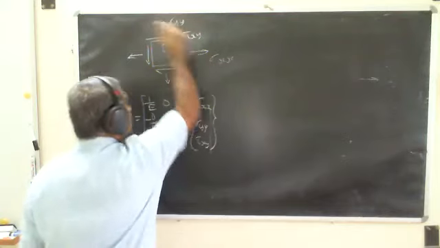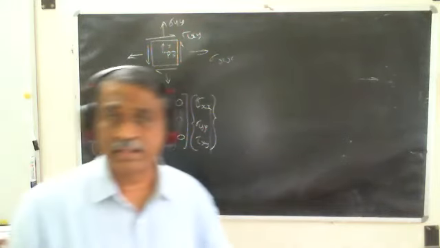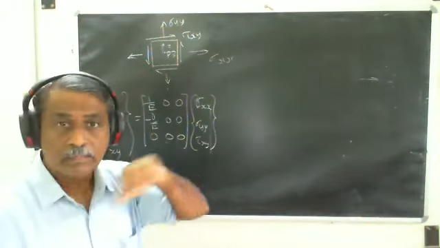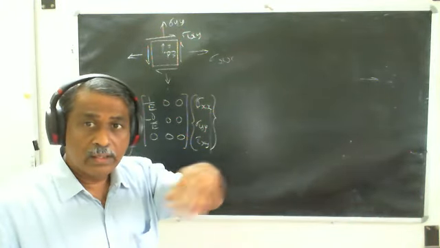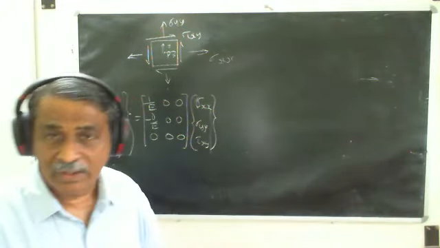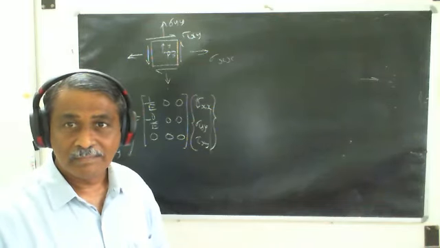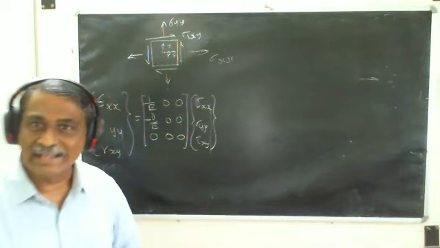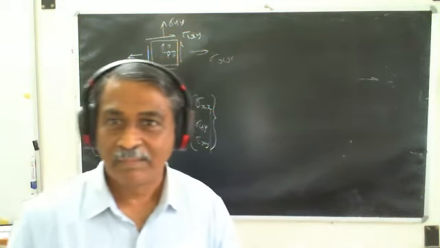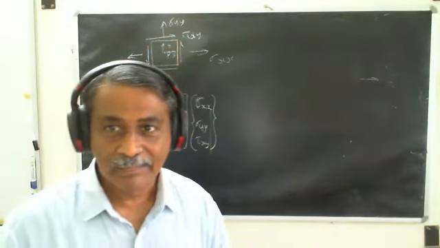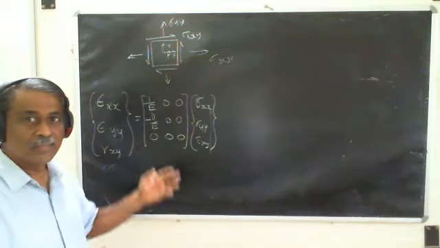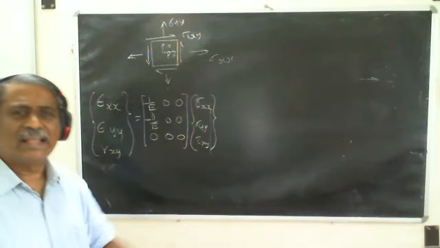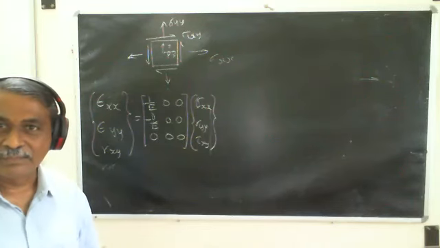So all the three stresses are present as far as this stress state is concerned. Now, how do I look at it using superposition principle? How shall I look at it so that I can write these equations easily, quickly? How shall I look at this scenario? And let's say I use superposition principle.